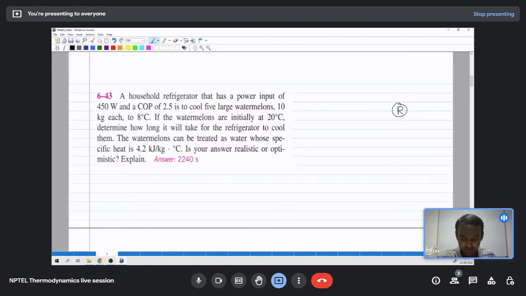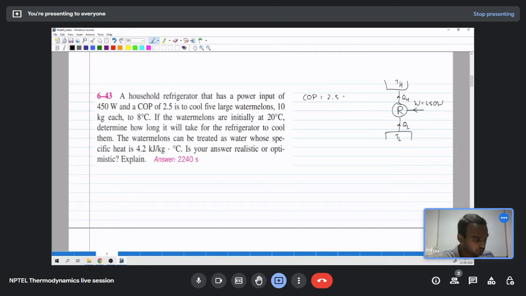Representing the refrigeration system, we have a power input of 450 watts, and QH. So COP is 2.5.